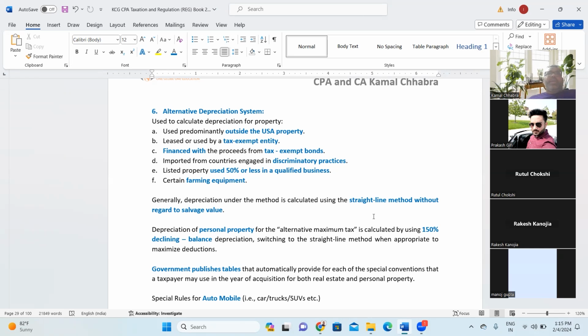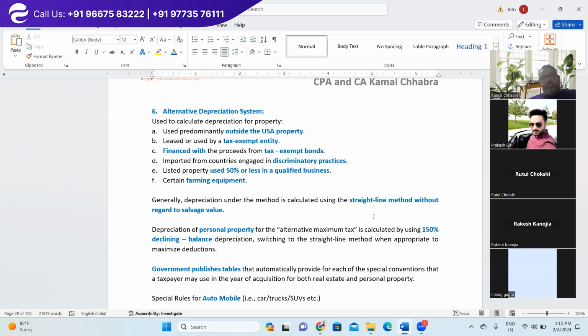In that scenario, you can elect the alternative depreciation system. But if 50%, 30%, 20% or 15% of that car you are using for personal purposes and partly for business, in that scenario this method is not applicable. You will be charging depreciation on a MACRS basis, not the alternative depreciation basis.